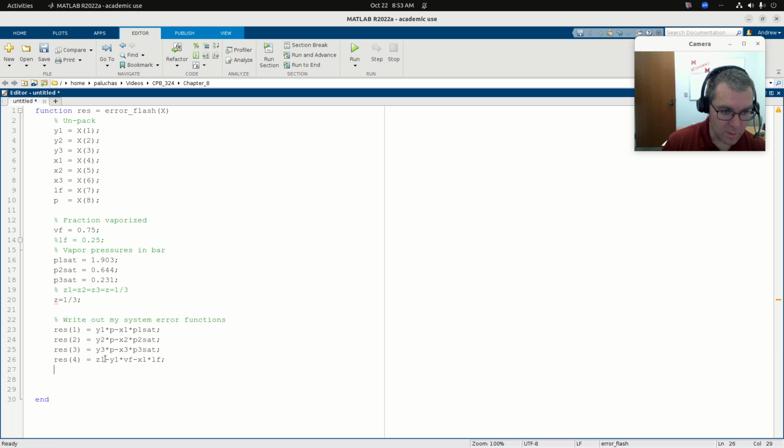Actually, I'm not going to call this Z1, because I just used the variable Z. I'm going to copy this. So then res5 is Z minus Y2 times V over F minus X2 times L over F.